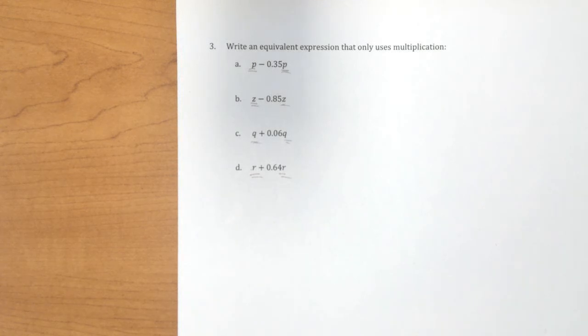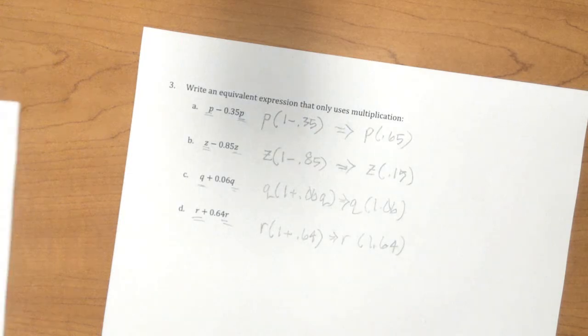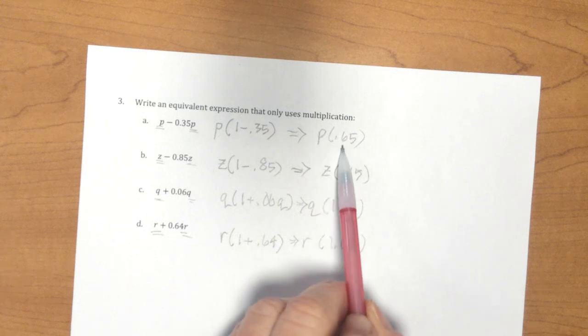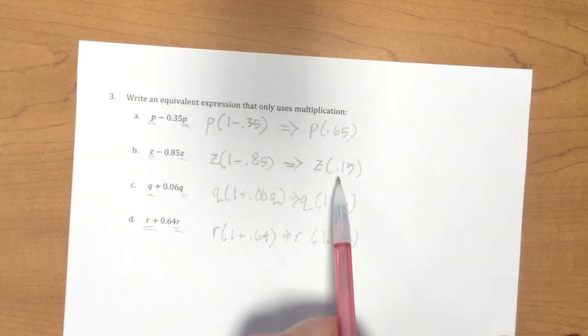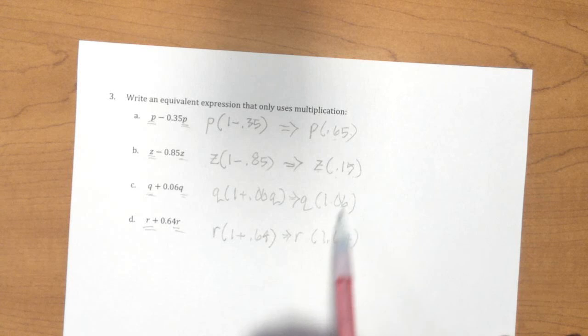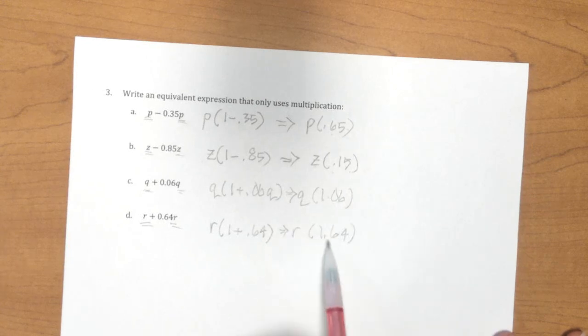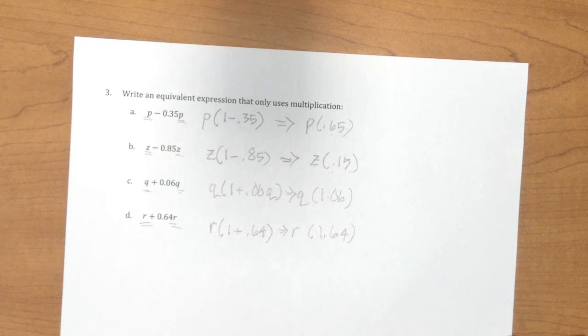Go back, give it a shot. So again, if I look at my final answers, we have P times 0.65, Z times 1.5, Q times 1.6, and R times 1.64.